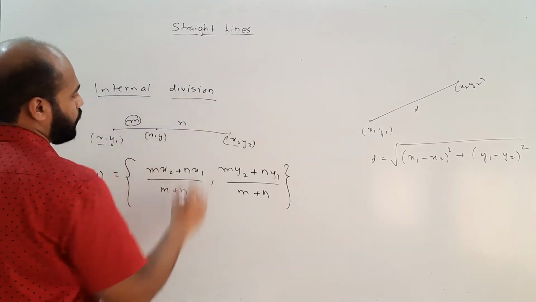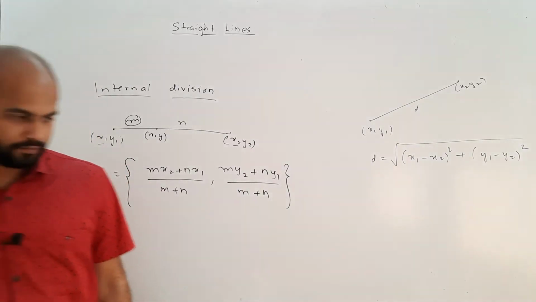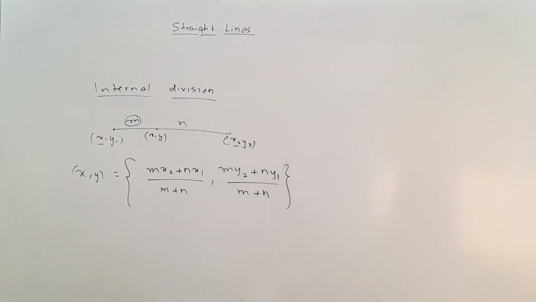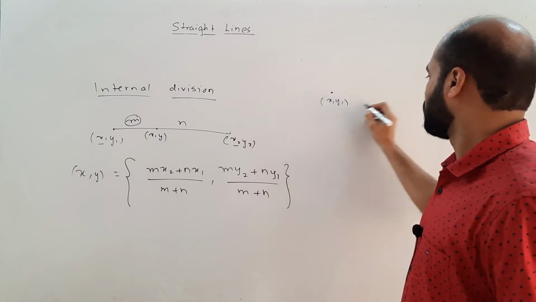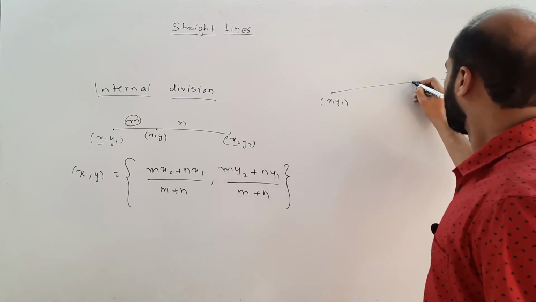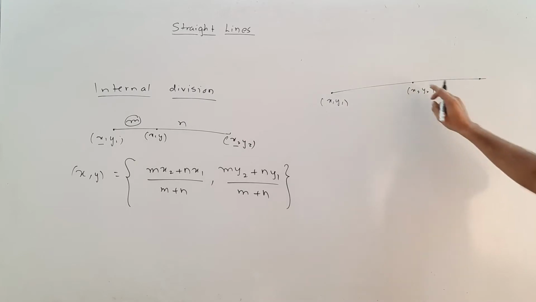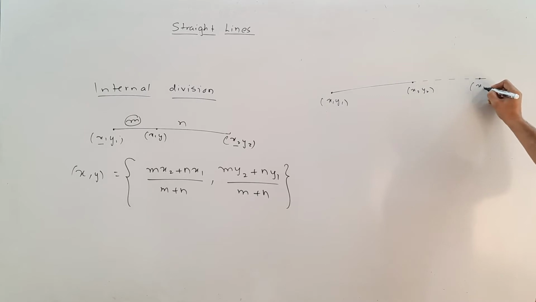Likewise, there is another formula for external division also. Let us see what that is. Let's say now we have the same points, x1 y1 here and x2 y2 here, and the point which divides them is over here. So this point is x comma y.